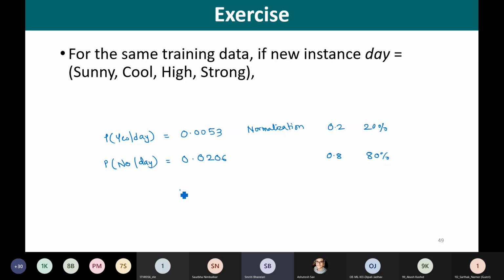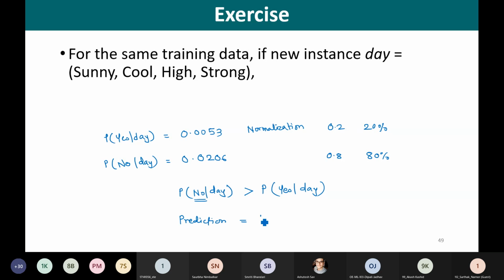So which probability value is highest? Obviously probability of no given day is greater than probability of yes given day, and that is why we predict that one should not play tennis on this day.